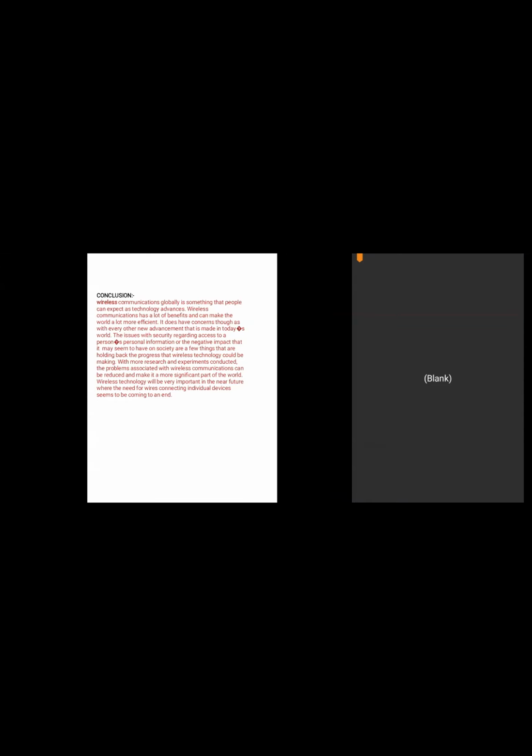With more research and experiments conducted, the problems associated with wireless communication can be reduced, making it a more significant part of the world. Wireless technology will be very important in the near future, where the need for wires connecting individual devices seems to be coming to an end.